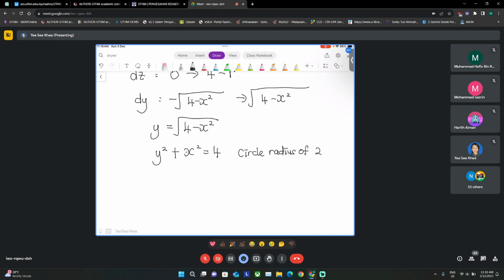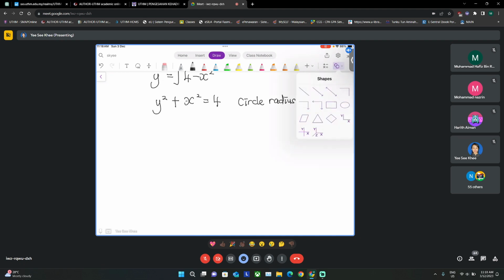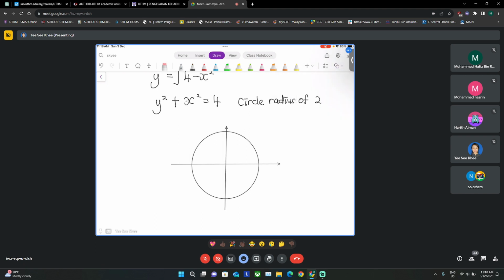So now you need to draw the circle. Draw a circle, the y, the x.